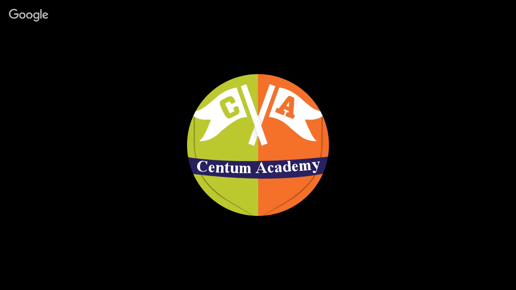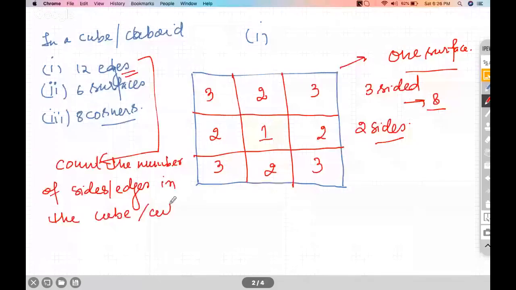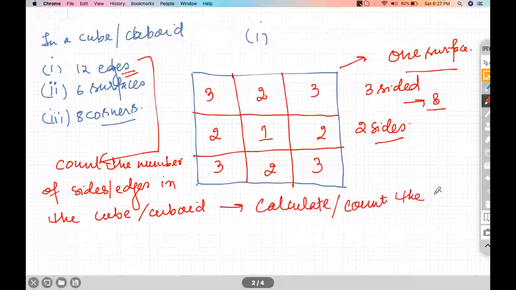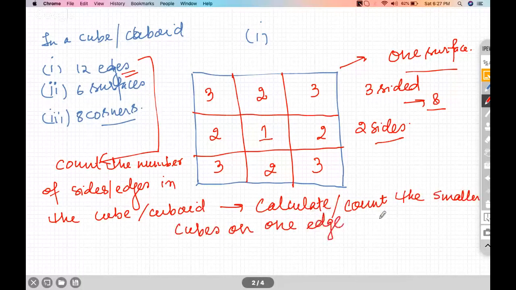The second step is calculate or count the smaller cubes on one edge except corner cubes.